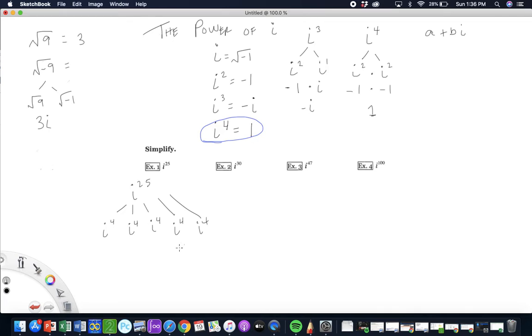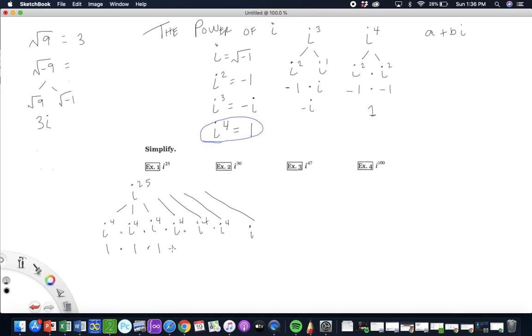If I take out i to the fourth times i to the fourth times i to the fourth, and put one more on here, that would be 24 i's grouped up. How many would be left over? We'd have 1 i left over. Why i to the fourth is so important is because it equals 1, and 1 is a multiplicative identity, meaning no matter what I multiply 1 by, it remains the same.